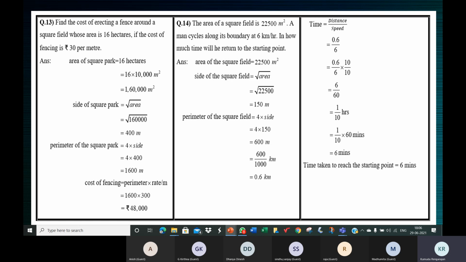Mangoes are sold at the rate of 50 rupees per kg. But what is your cost? Rate is different, cost is different. Now in this question also, the cost of fencing is rupees 30 per meter. But there is a slight difference between rate and cost. Rate is that per unit. For 1 kg, it is 50 rupees. That is rate.